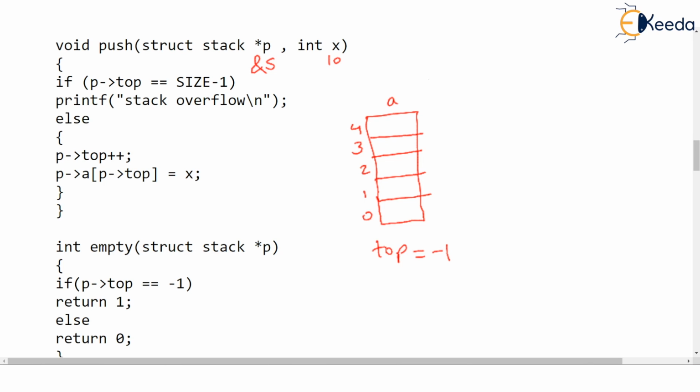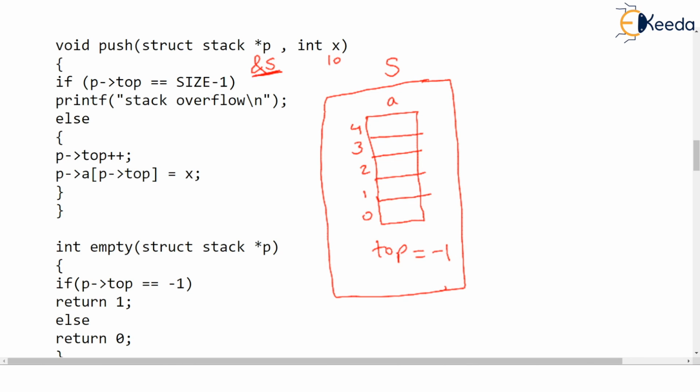And this entire box is S. S is the stack. But listen, we have passed the address of S. And address of S has got copied in the pointer P, so P points to S.